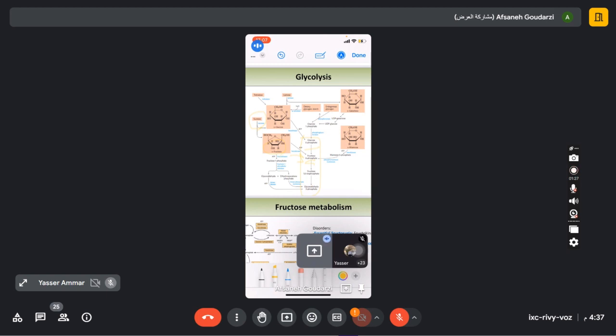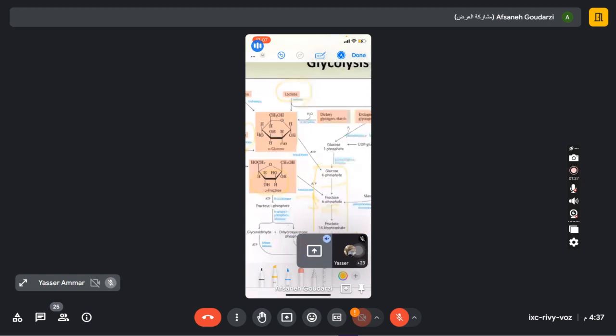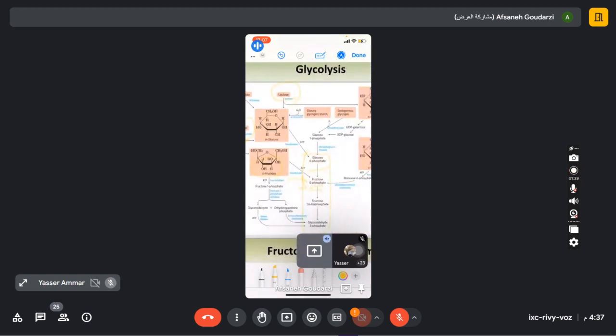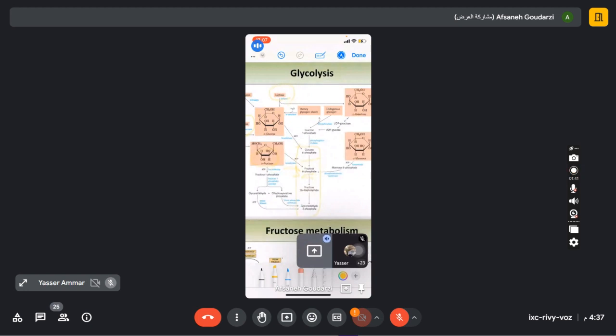And if we have lactose, you know that lactose is the sugar in the milk. Okay, so lactose, by the function of lactase, is changed to glucose and galactose. You see, galactose could be changed to glucose and it enters glycolysis as well.